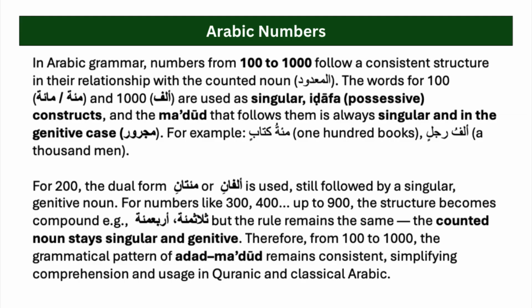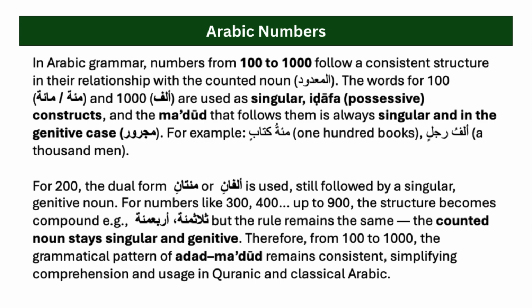And for numbers like 300, 400, up to 900, the structure becomes compound, but the rule remains the same. The counted noun stays singular and genitive. That is a very important summary rule. So the final bottom line lesson is, from 100 to 1000, the adad-madud relationship becomes more consistent. The counted noun is singular and majrur.